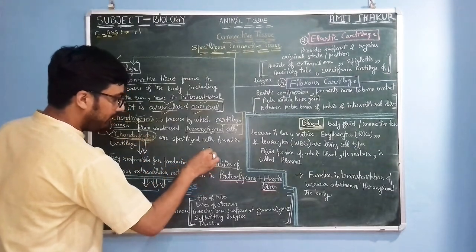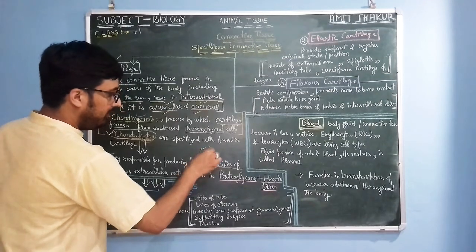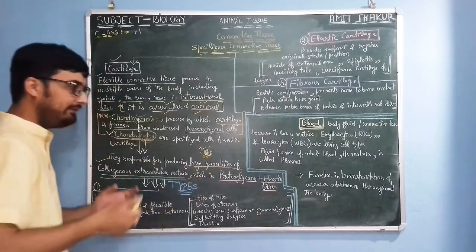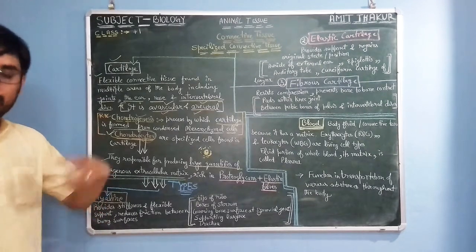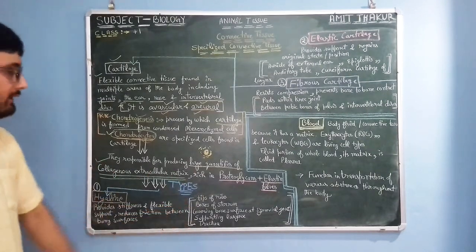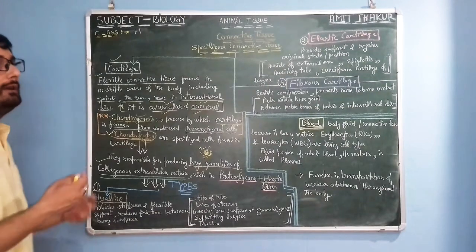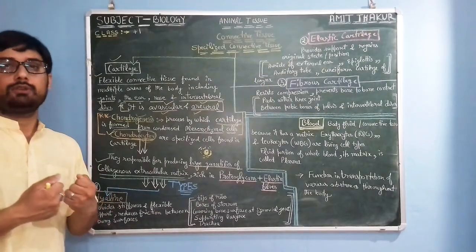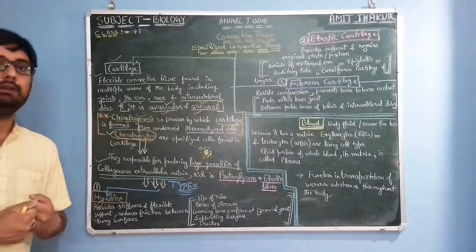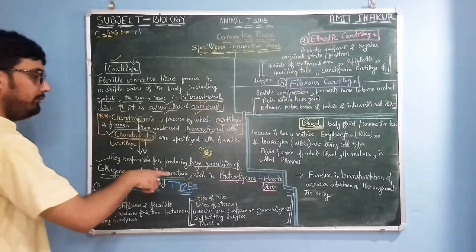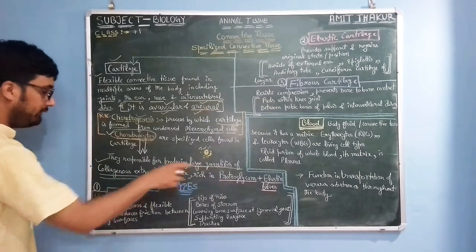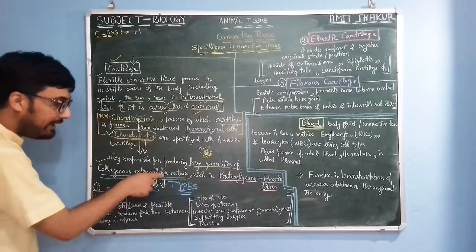Out of this cell there is a dense collagenous matrix, made up of collagen protein, which makes it more stiff, more supportive.